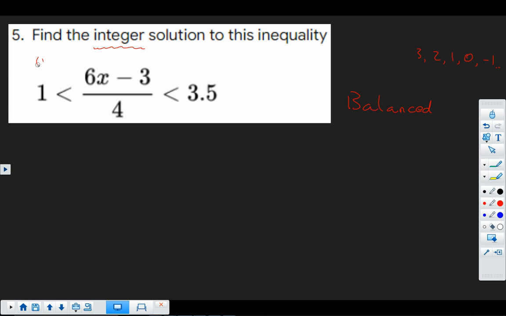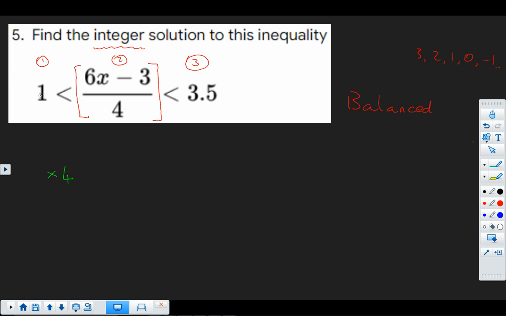In this instance, we've actually not got 2 sides, we've got 3 sides, and we've got to make sure that we do the same to each one of these. Now, whenever we have a term like this, the first thing that we're going to end up doing is to get rid of this dividing by 4 by multiplying everything by 4.